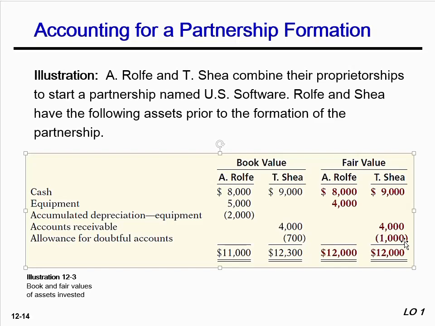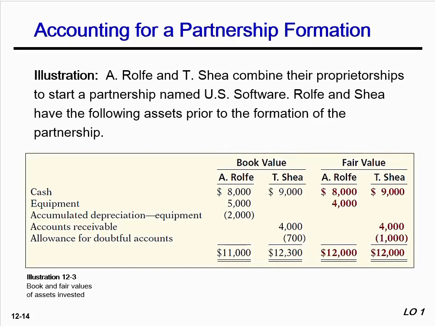Now remember the rule: when assets are brought to the partnership, we record them at their fair value, not the book value. So in order to record the journal entry, we're going to ignore the book values and record these assets, cash, equipment, receivable, all of them according to the fair values.